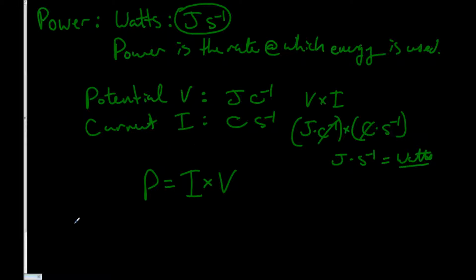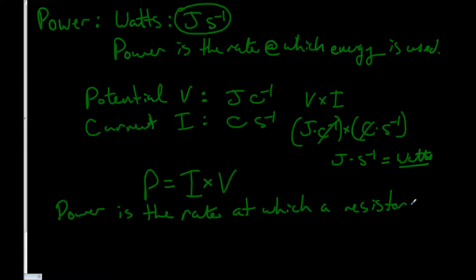So we'll write a note and then we'll do a little example. Power, in terms of electricity anyway, is the rate at which a resistor dissipates energy.